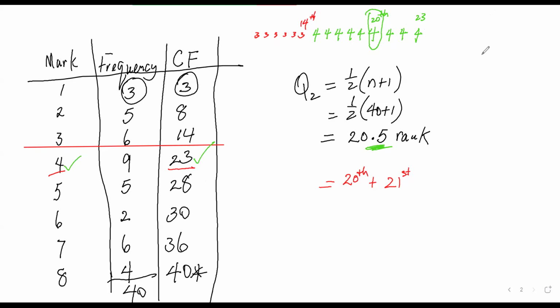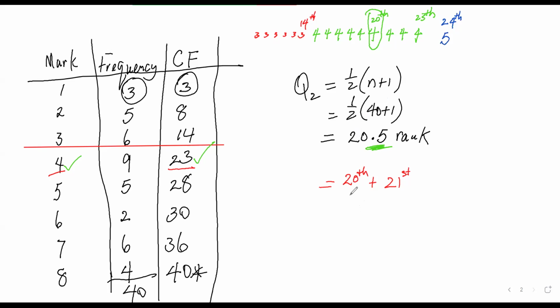So what number is the 24th number? Somebody open their mic. It will be 5. All right.